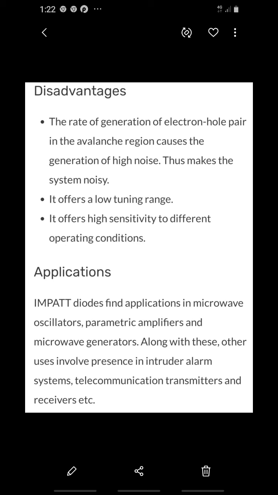It offers a low tuning range. It offers a high sensitivity to different operating conditions.